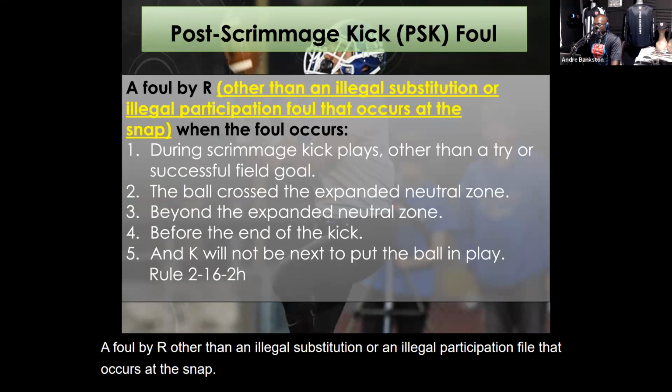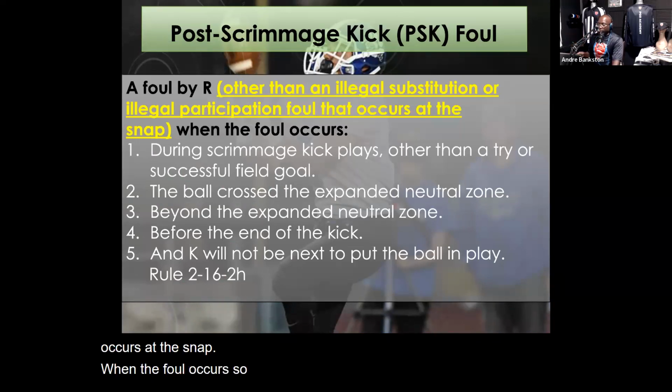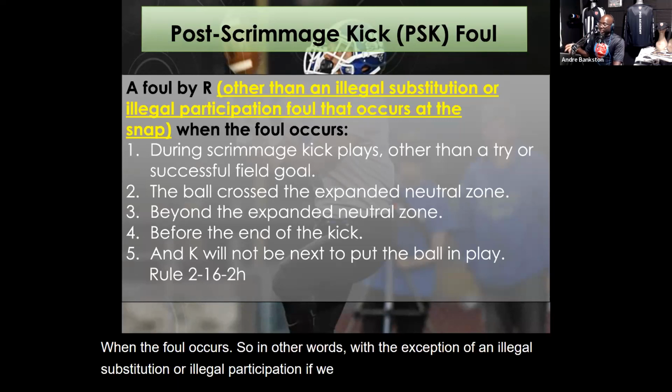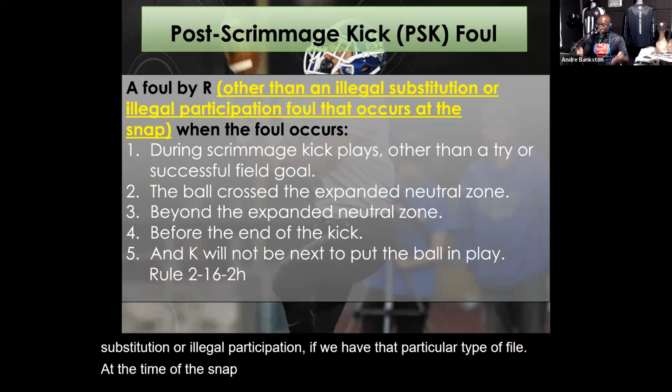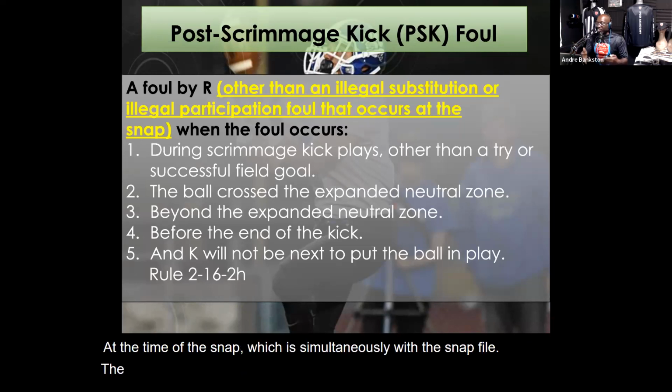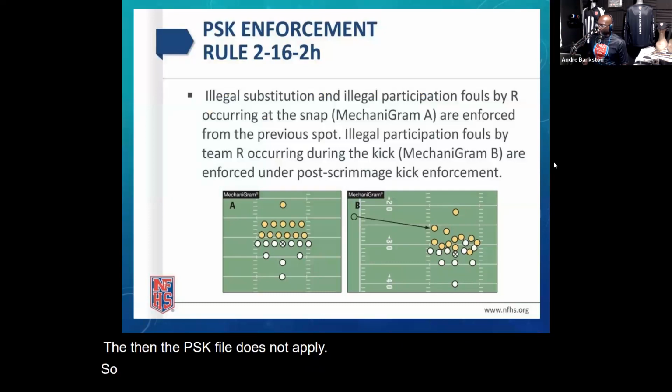So in other words, with the exception of an illegal substitution or illegal participation, if we have that particular type of foul at the time of the snap, which is simultaneous with the snap, then the PSK foul does not apply.